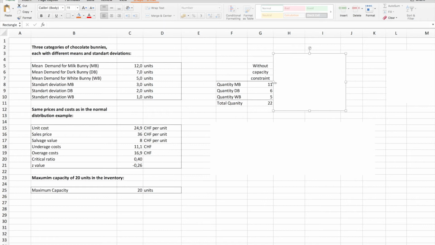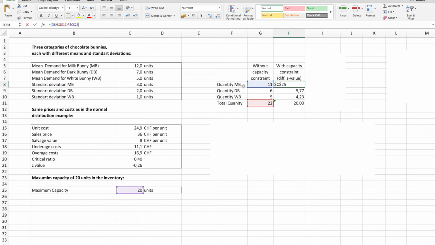So what we could do is scale it down. We can take the value here for the milk chocolate bunny of 11, divide it by the total quantity, which is 22, and multiply it by the maximum capacity to get a scaled down version, which would be 10, 5.77, and 4, which would in total give us 20 if we round it.